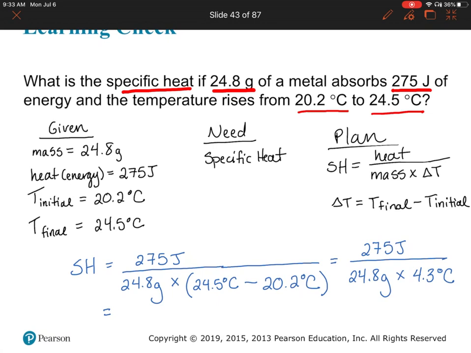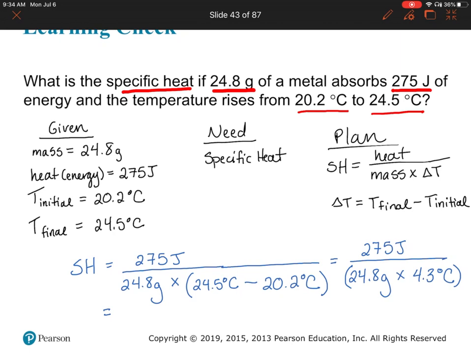So I'm going to plug in all these values. So I've got 275 divided by, and in my calculator, I'm going to put parentheses around everything in the denominator so that my calculator doesn't assume I'm multiplying everything by 4.3 because I'm actually dividing by 4.3.